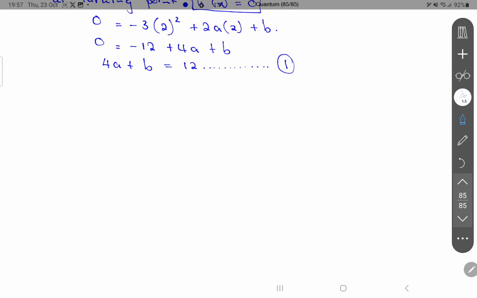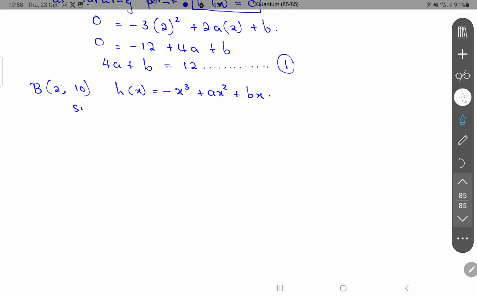With equation number 1, remember we have two unknowns. But we still have our B as (2, 10), and we have h of x as negative x cubed plus ax squared plus bx.